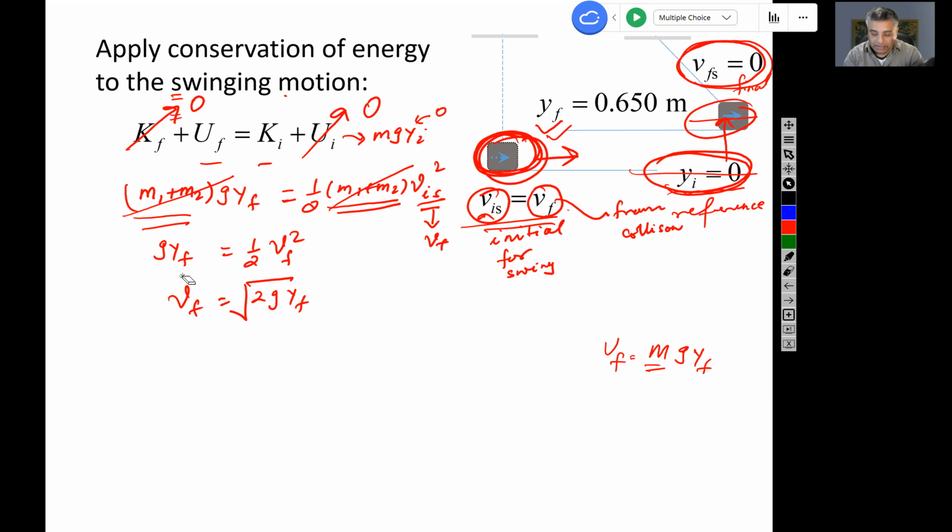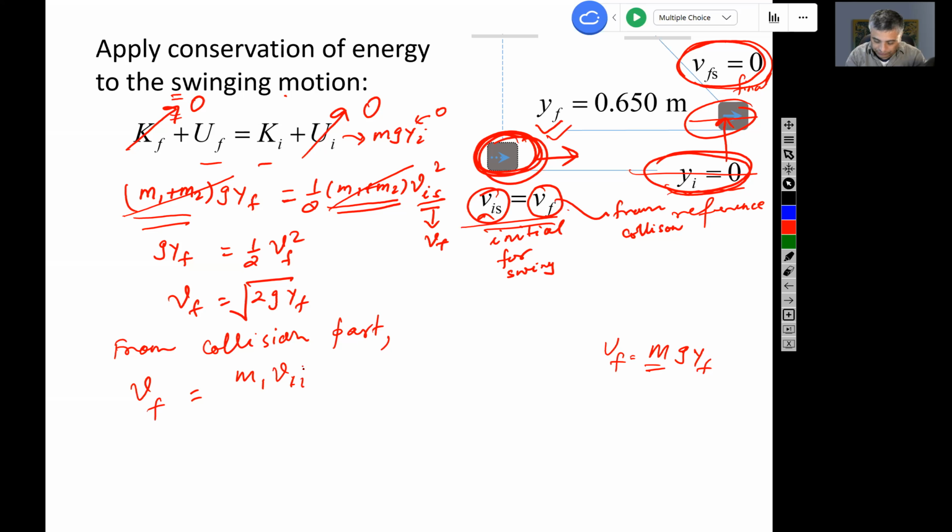So that's vf. Let's see, if I remember vf from the collision part, vf was m1, just m1 I think, times v1i. Did I write v1i or vi1?